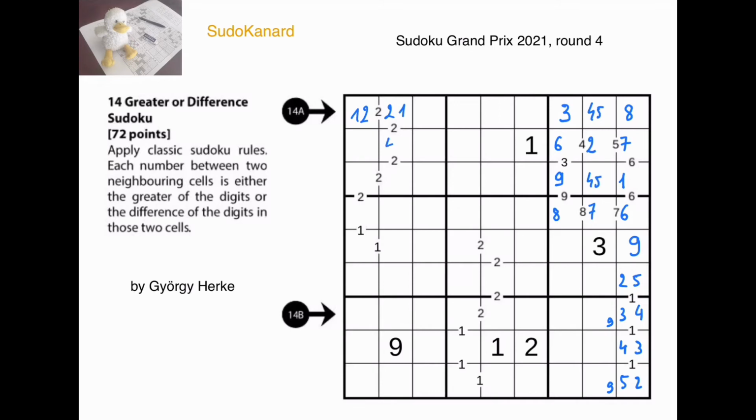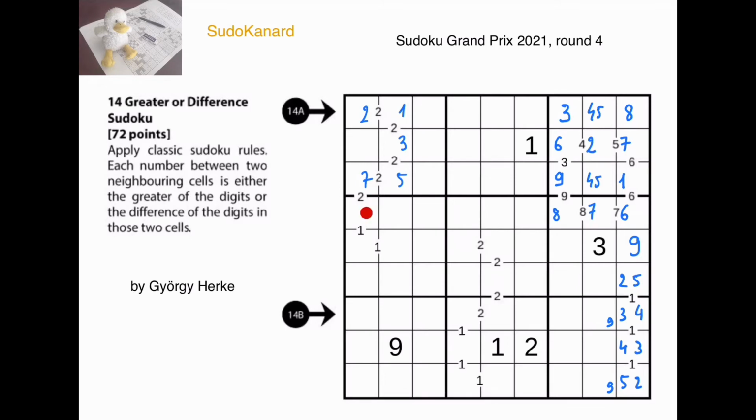So one scenario is this, and we get this scenario. But if this is an 8, because of these 2 we get a 6 here, which clashes with this. So this is this scenario.